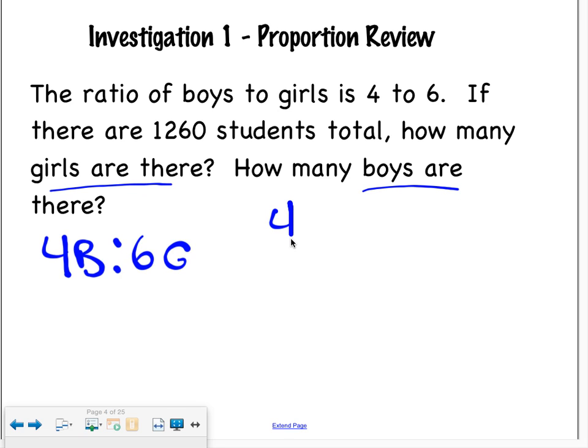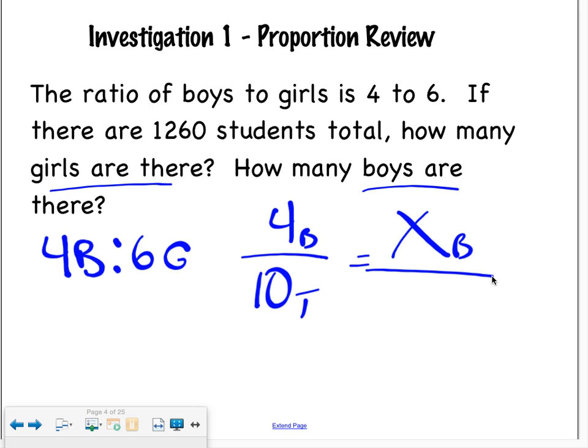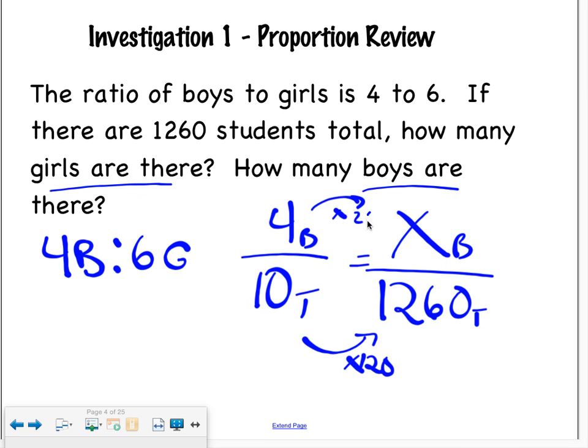So 4 boys over 10 total students is equal to X boys over 1,260 total students. We can scale this by a factor of 126 to get that X equals 504 boys, or we could have cross-multiplied if we wanted to.